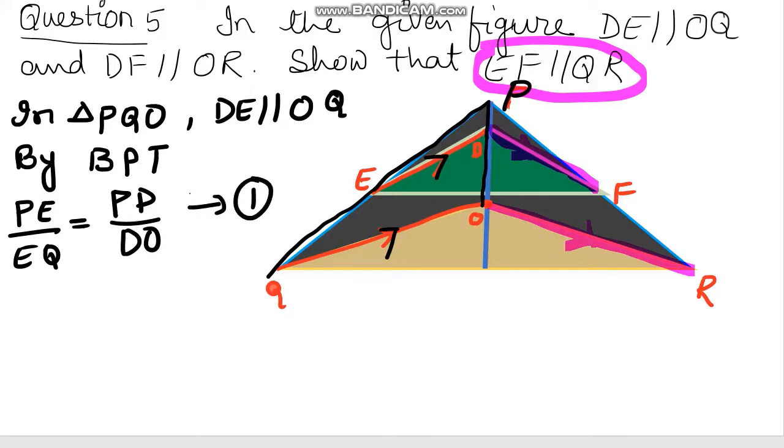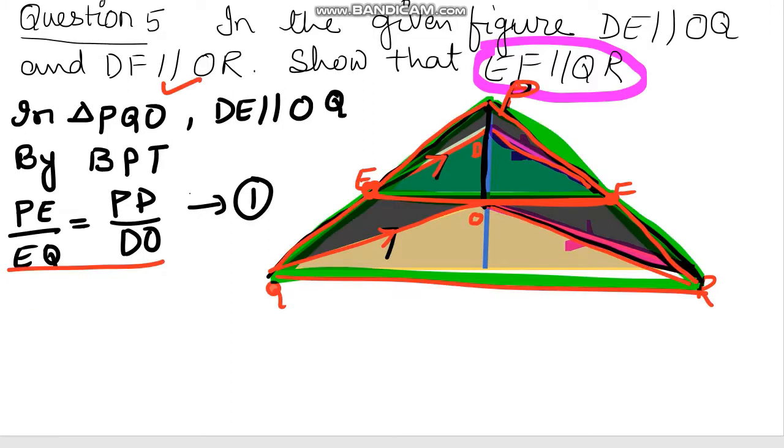Now next, in triangle POR. Let us take this triangle. So what we have here in triangle POR, DF parallel OR. This is DF parallel OR.